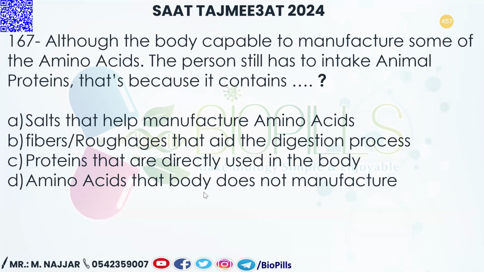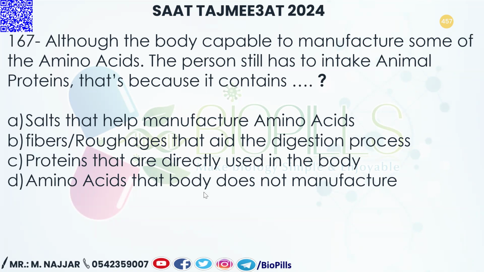Although the body is capable of manufacturing some amino acids, the person still has to take in animal protein. That's because it contains what? Let me just stop at 70, then I will go through this.